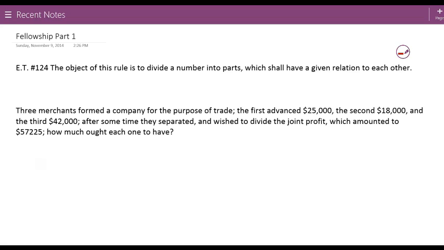So this one is going to be just a nice straight proportion for each merchant. So if you add everything together, the total is going to be $85,000.